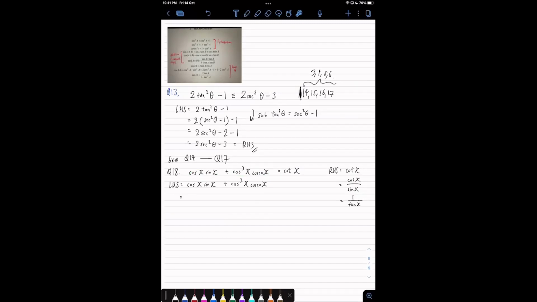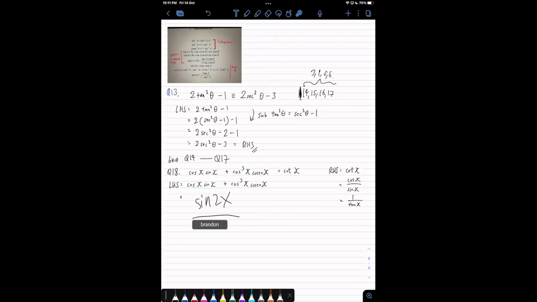You probably need to factorize. Or maybe it's a fraction plus a fraction. Then you need to combine fractions. Unfortunately, over here, cosine x sine x, can you rewrite it as a fraction over 1? Over 1 is the only possibility.